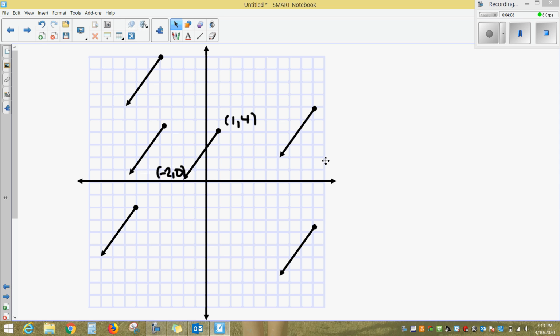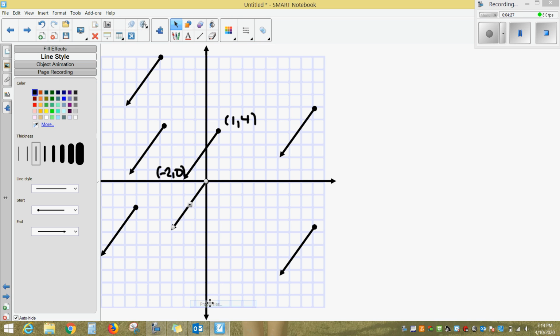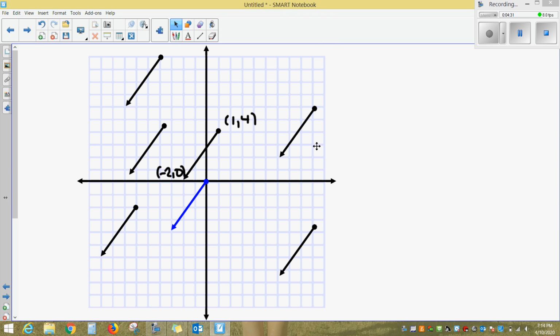All of those vectors are equivalent. They have exactly the same direction and the same magnitude, the same length. If I put that vector starting with its initial point at 0, 0, we call that a vector in standard position. So the blue one now is in standard position.